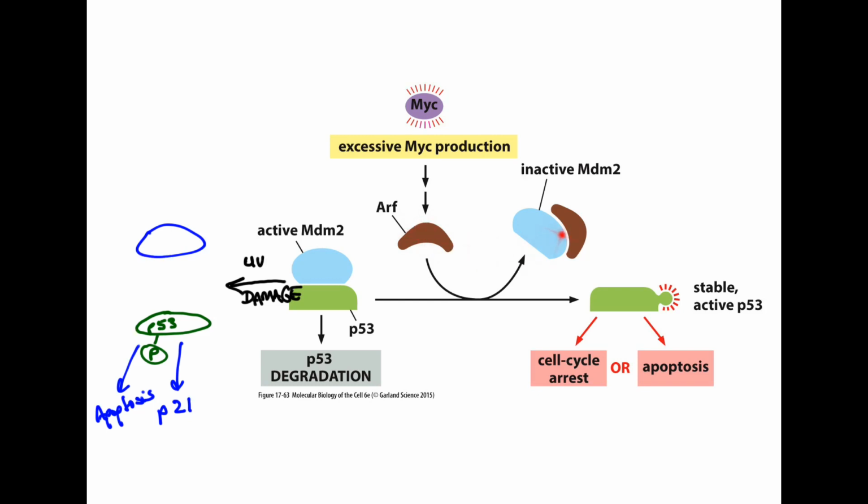What it does is interact with MDM2 and essentially drains it away from its association with P53. So it sponges away the MDM2, leaving you with free P53 that then activates the genes for cyclin CDK inhibitors or triggers apoptosis by mechanisms that we'll talk about next.